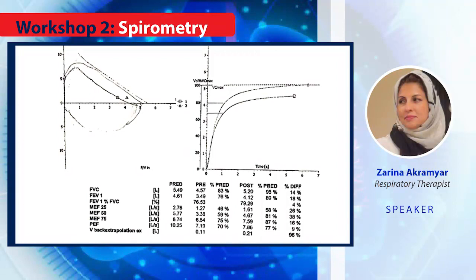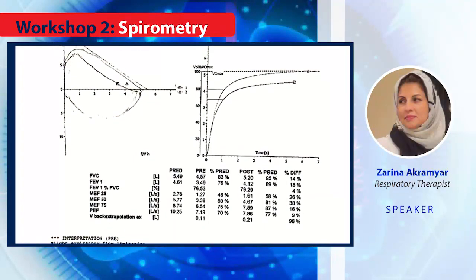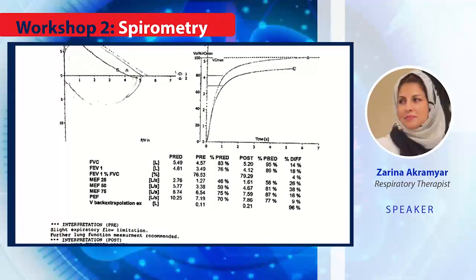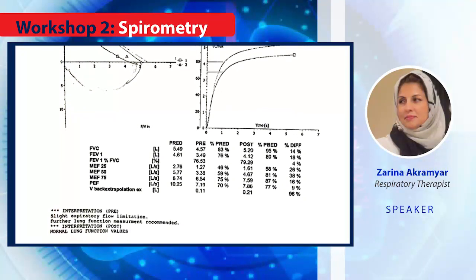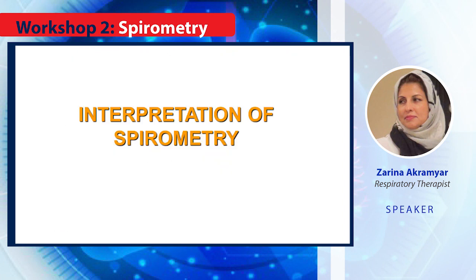So that's a 14% improvement in FVC and 18% in FEV1, and more than 200 ml in actual number is present. So the patient has hyperreactive airways, which is positive for bronchodilation. Okay, so interpretation of spirometry.